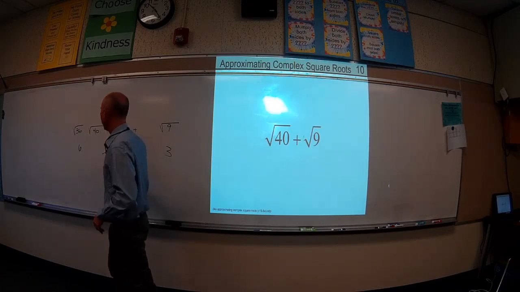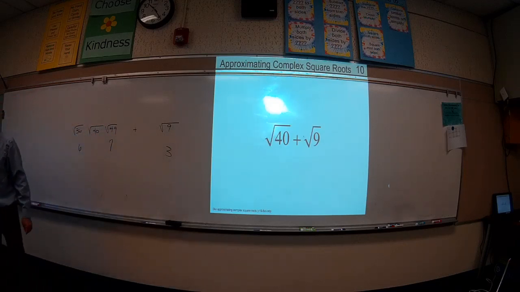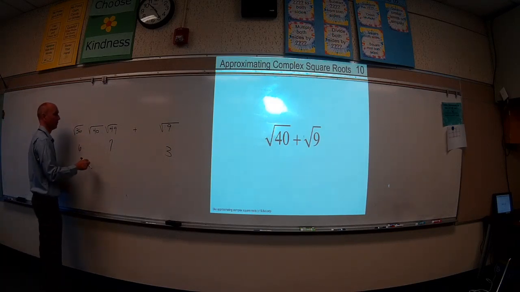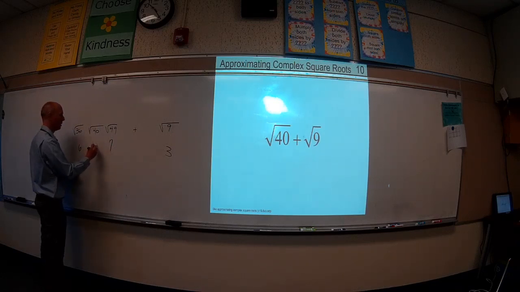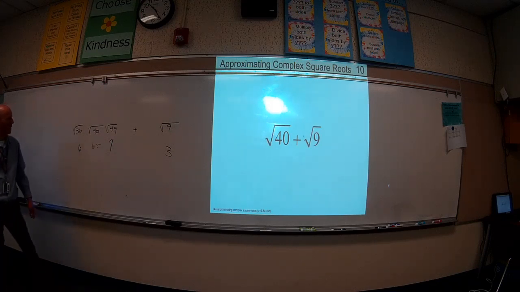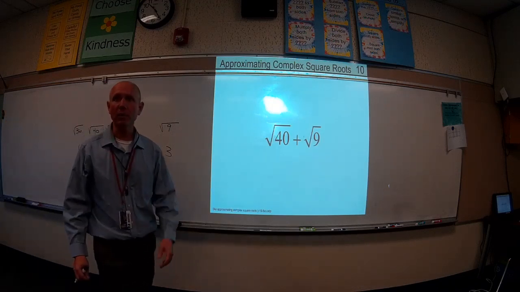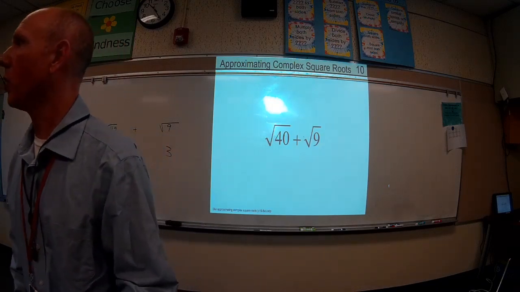Also lives in your brain. I need something halfway, ish. So what's right here? 6.5 maybe? It's probably closer to 6.3, 6.4, but 6.5 would be fine. 6.5 plus the 3 takes me to 9.5, 9.4, 9.3. I think all those are pretty good.